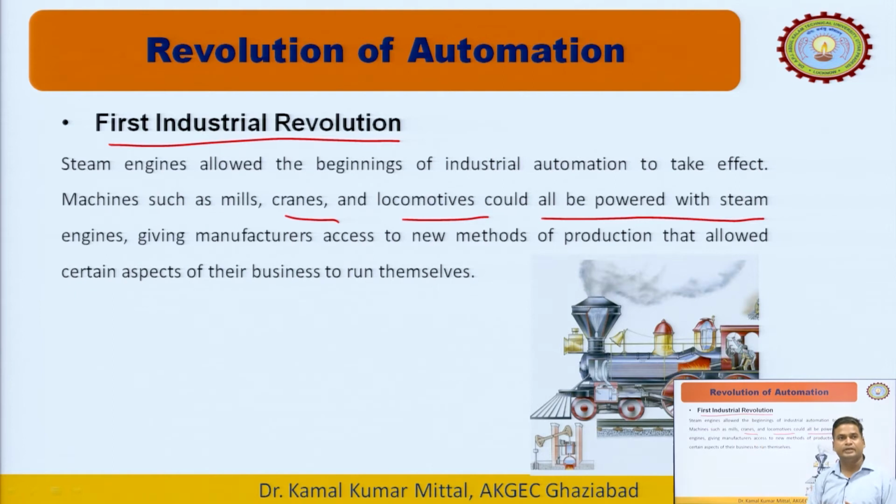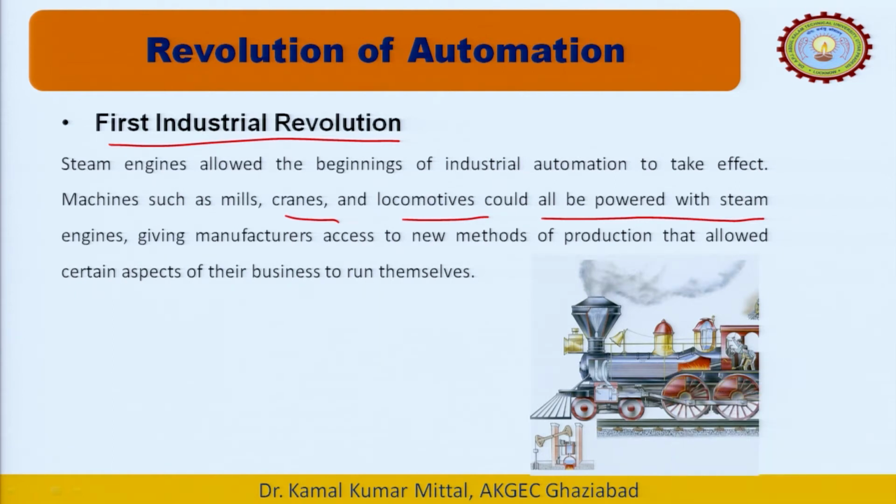There are different types of cranes to move the heavy body up, down, horizontal direction, in vertical direction. We are using locomotives so that the material can be placed from one place to another easily, giving manufacturers access to new methods of production that allowed certain aspects of their business to run themselves. तो बिजनेस को चलाने के लिए एक अच्छा टूल था स्टीम इंजन.